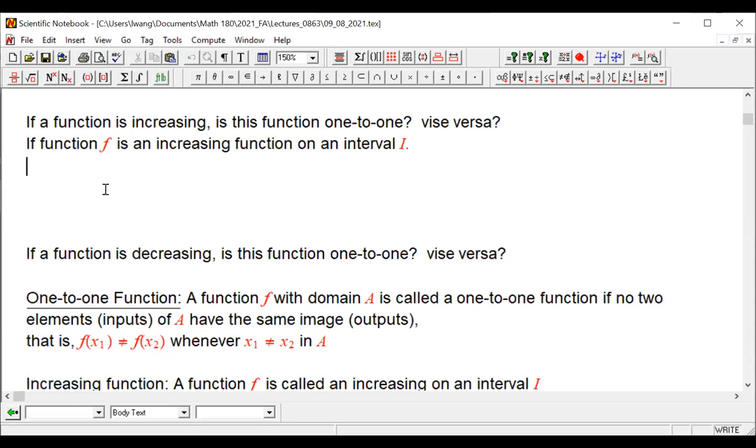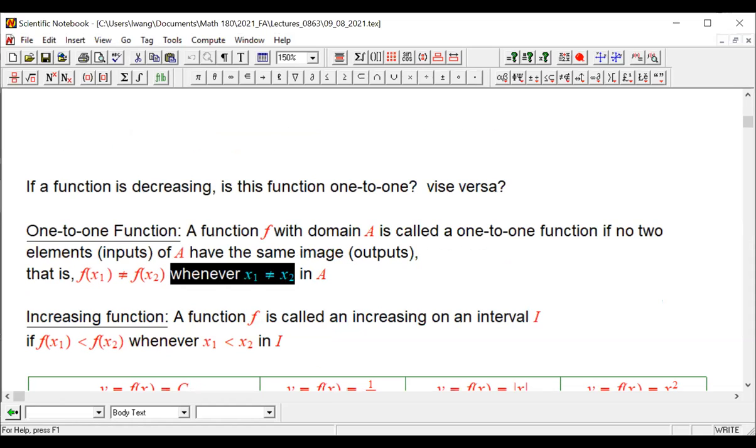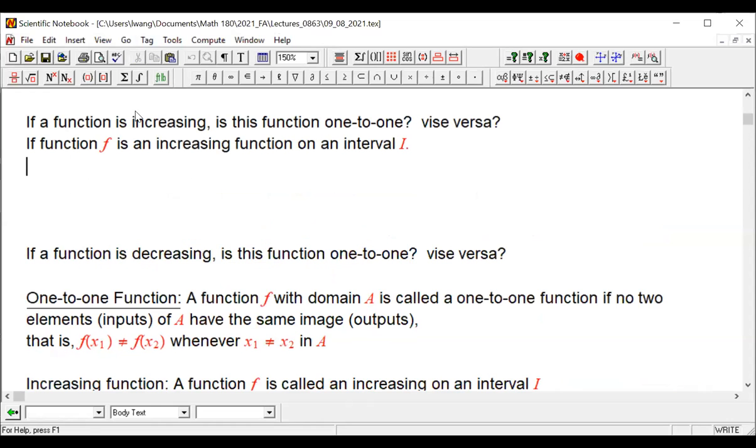Now, because the wording in one-to-one function requires whenever, we're going to use whenever on the interval. So whenever x1 is not equal to x2 in the interval I, because if it is true on the domain, it should be true on the interval I, since I is a part of the domain.